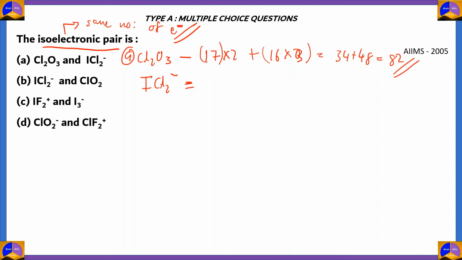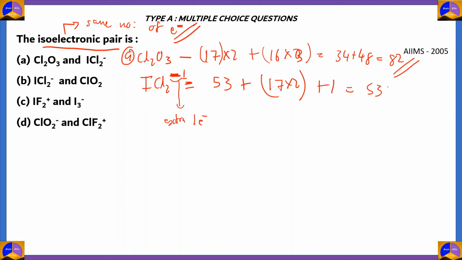Iodine has atomic number 53, so 53 electrons plus 17 into 2 for chlorine, and then there is a minus on top of it, which means an extra electron, so plus 1.